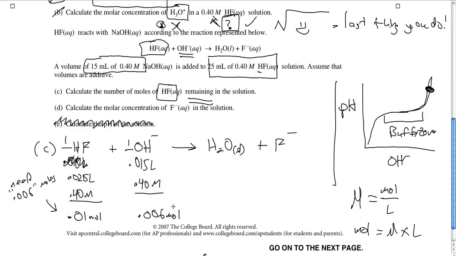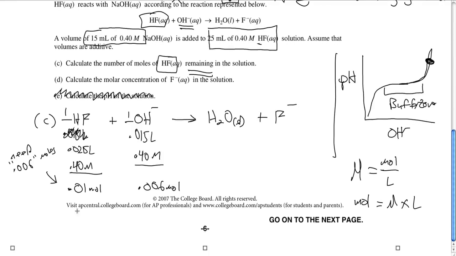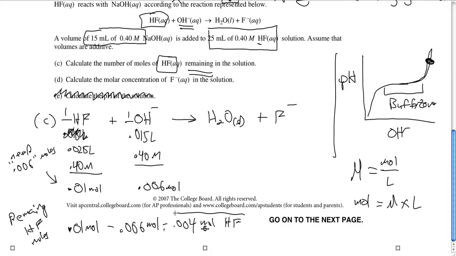So the moles remaining are simply 0.01 moles of HF minus 0.006 moles equals 0.004 moles HF. Okay, so that's the answer to C, 0.004.